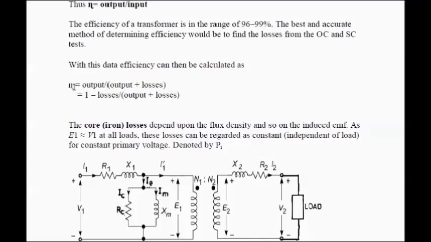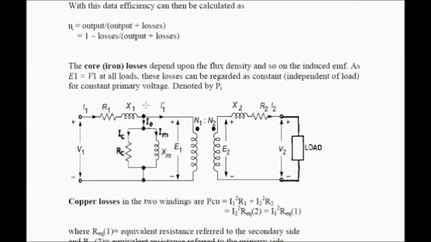And since we know that efficiency of transformer is output upon input, and input can be written like output plus losses, we have losses from OCSC test, and we also can measure output from V I cos phi 2, and this efficiency can also be written like 1 minus losses upon output plus losses. This can be obtained from here only.